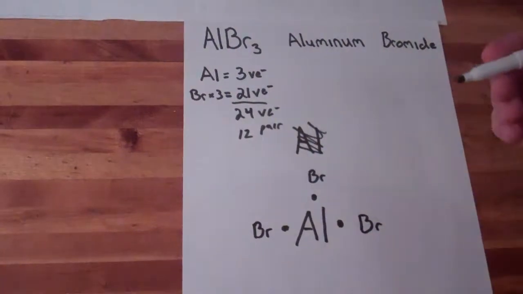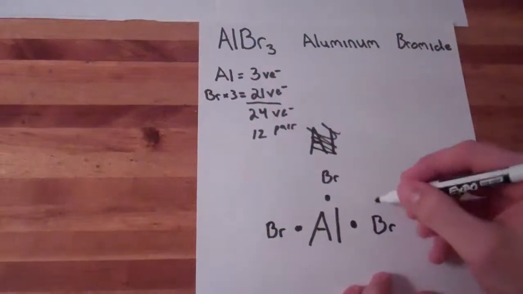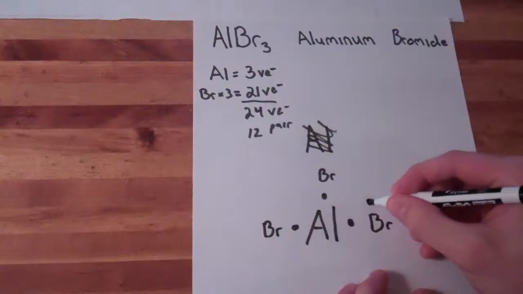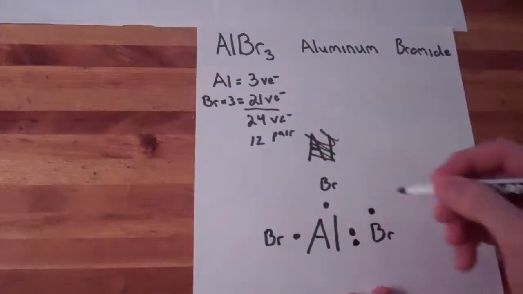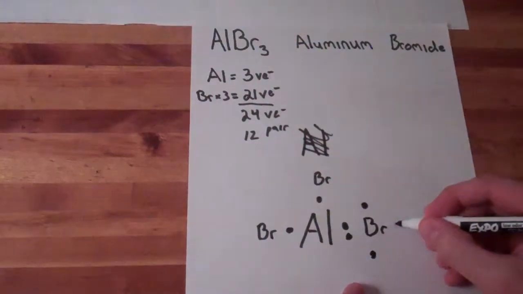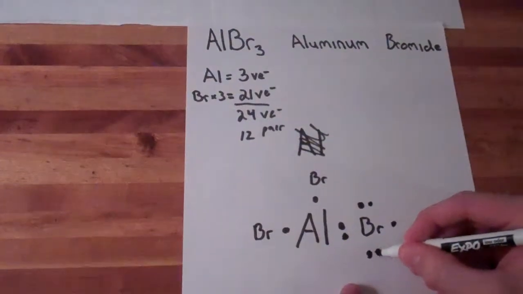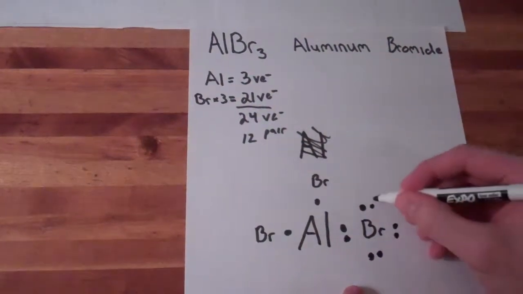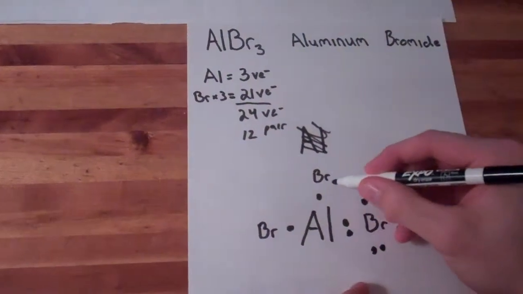So, now that we have bromide and it's 7, you're going to go around and it's going to be 1, 2, now it's bonded to the aluminum, 3, 4, there's 5, there's 6, and there's 7, which fills in nicely. And you're going to do the same over here.